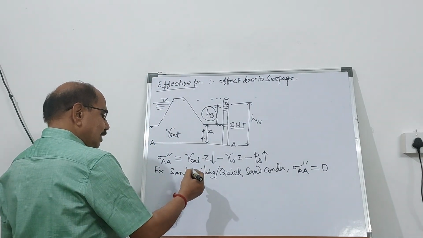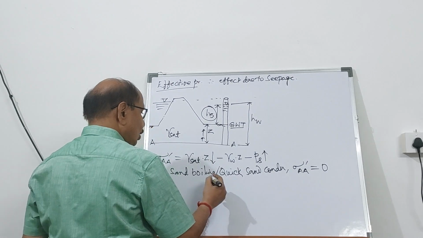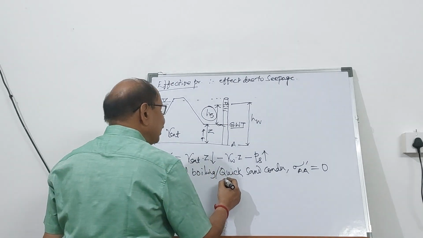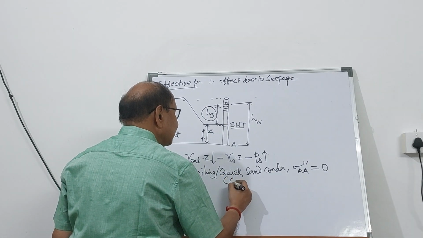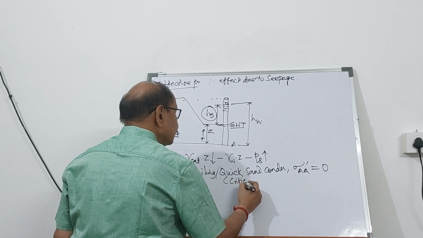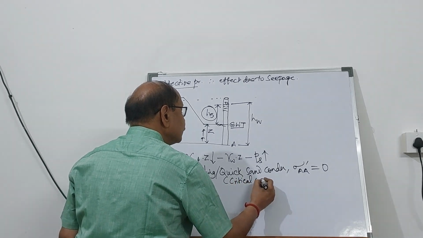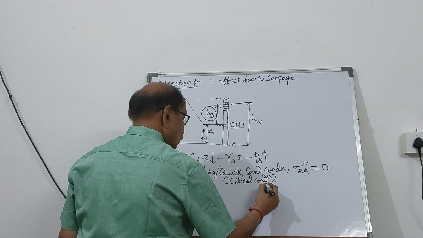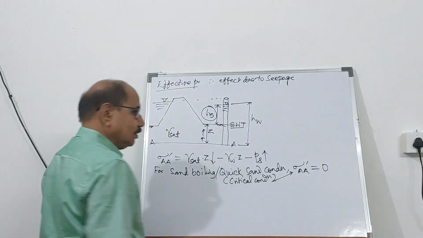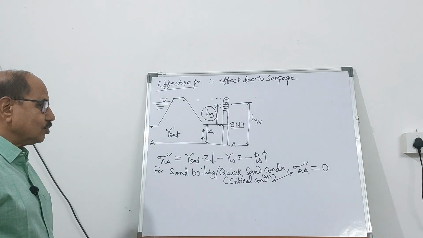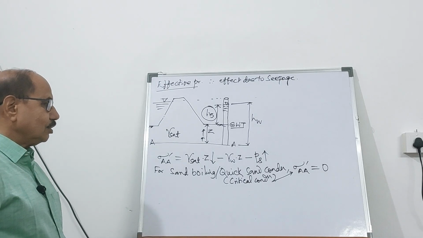That means it is the critical condition. So here the hydraulic gradient is the critical condition. So for critical condition, the effective pressure is going to be 0.